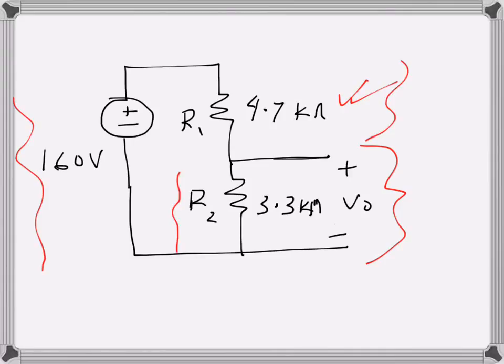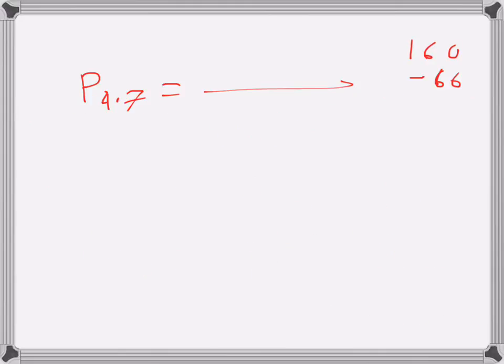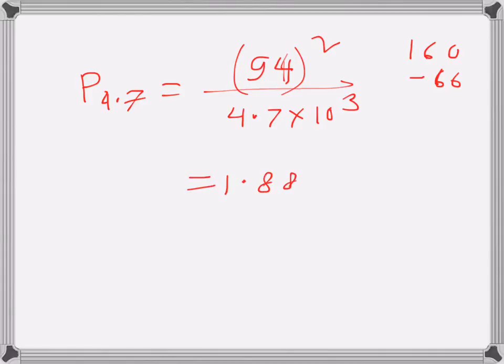That's just the subtraction, so 94 volts is the voltage drop across this one. So V squared, 94 squared, over 4.7 times 10 to the power 3 because I have converted it into ohms. That's 1.88 watt.